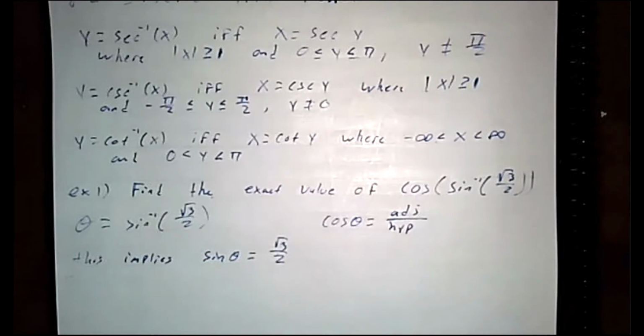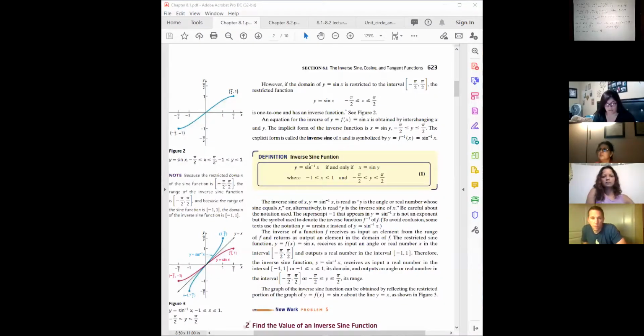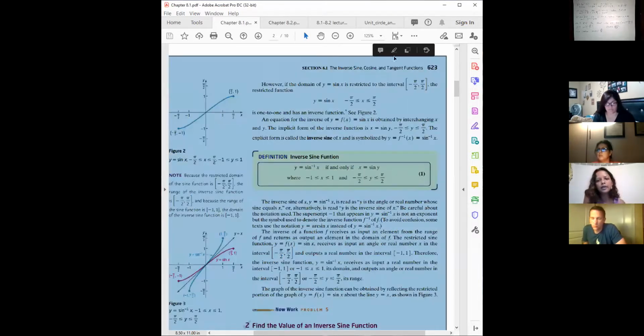So right here, y is equal to sine inverse of x if and only if x is equal to sine y. So I swapped this guy into this. That's what we did on the paper.